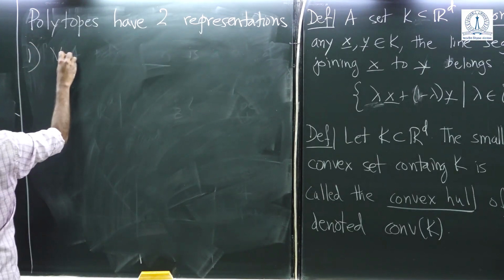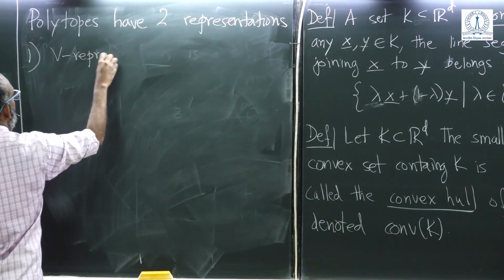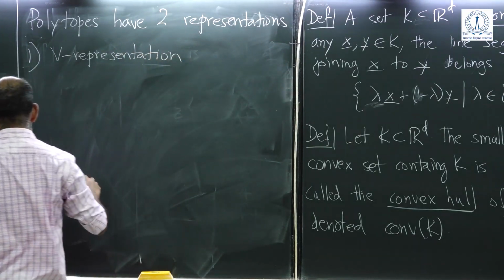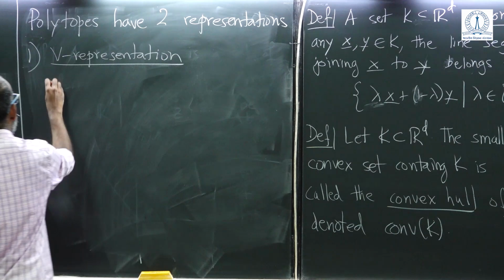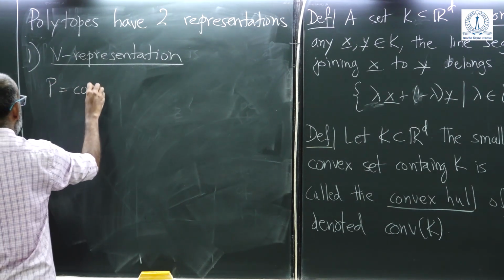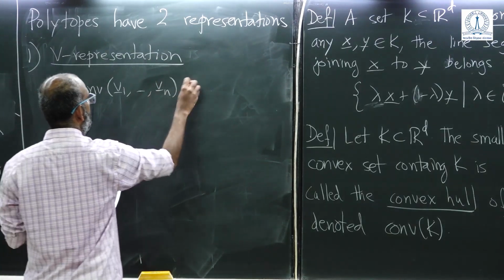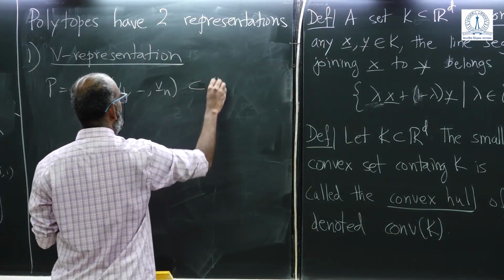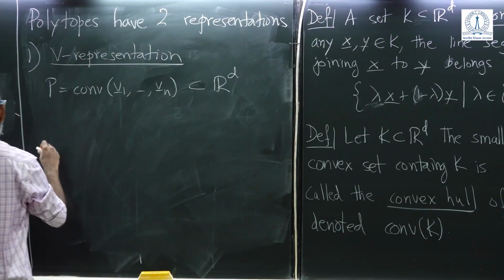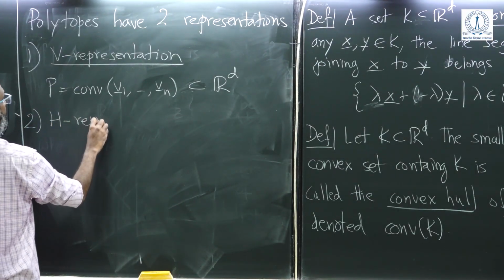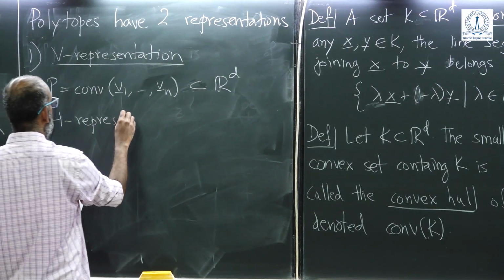One is called the V representation. Here P is the convex hull of V1 to Vn in Rd. And the second is called the H representation, or hyperplane representation, or half space representation, whatever you like.